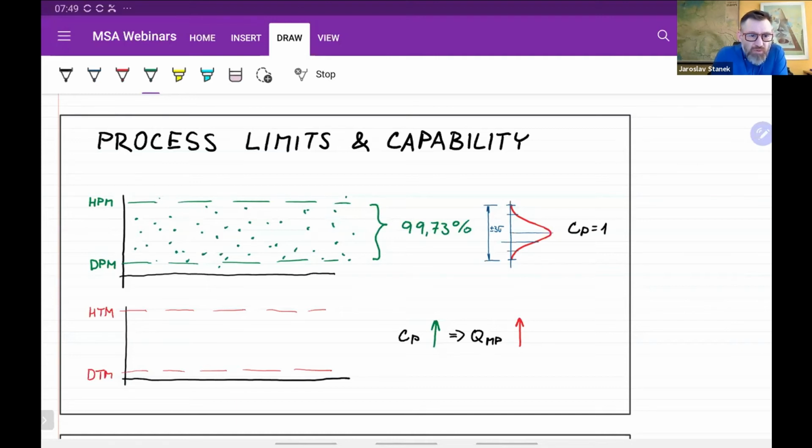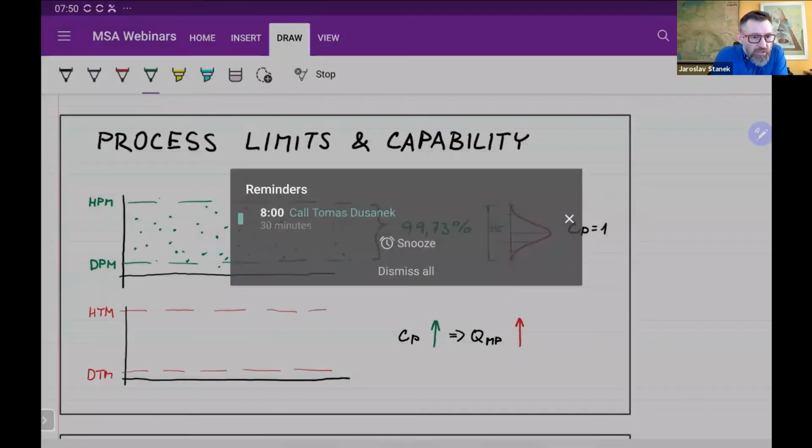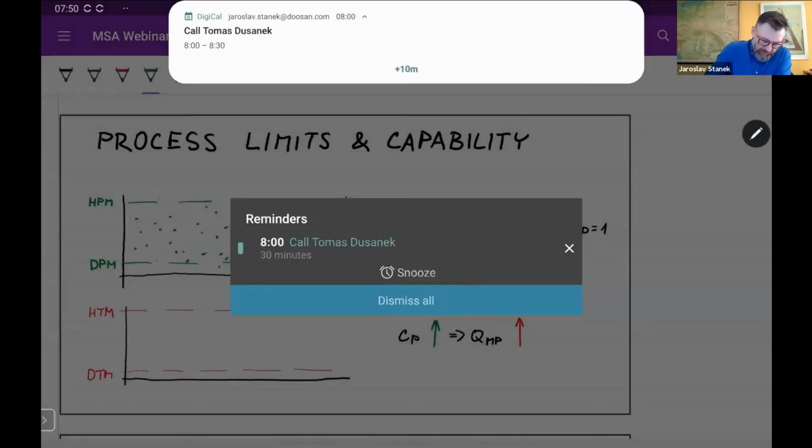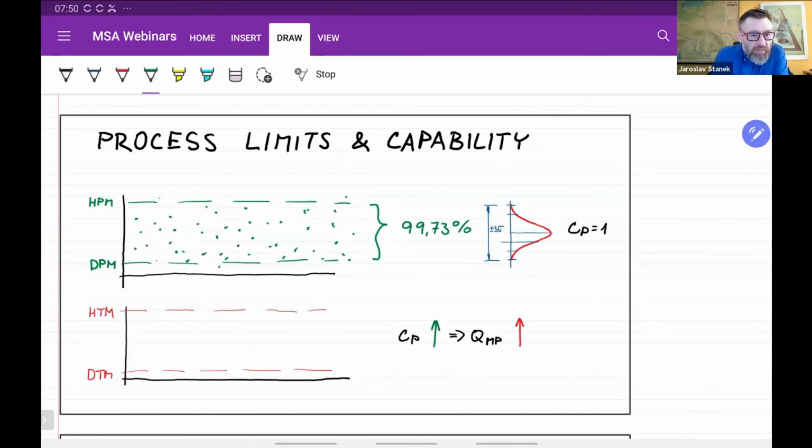This corresponds to CP indices of exactly 1. So if the ±2 expanded deviations of the measuring device is within these 30% of this 99.73% interval, then it is okay.